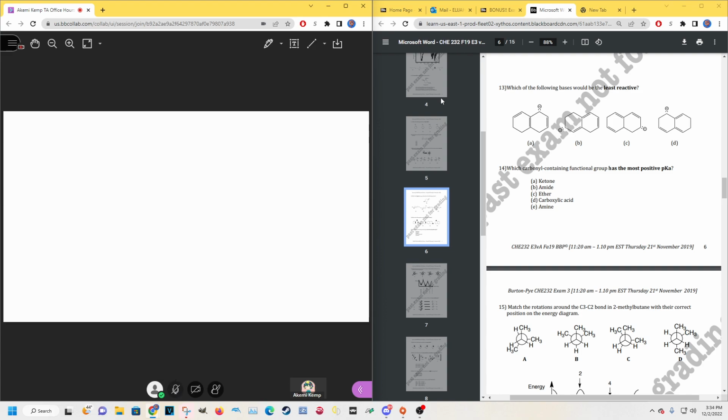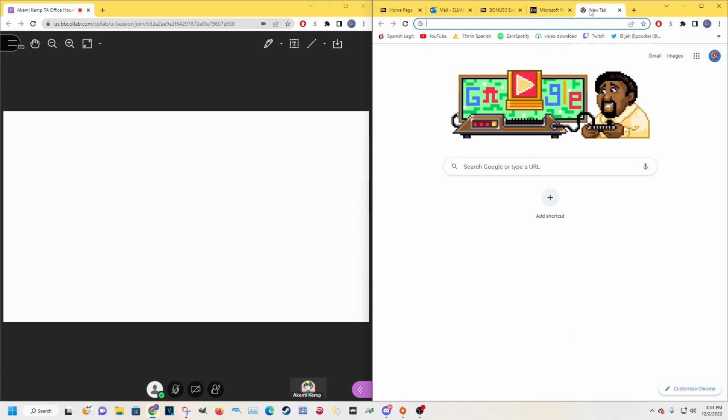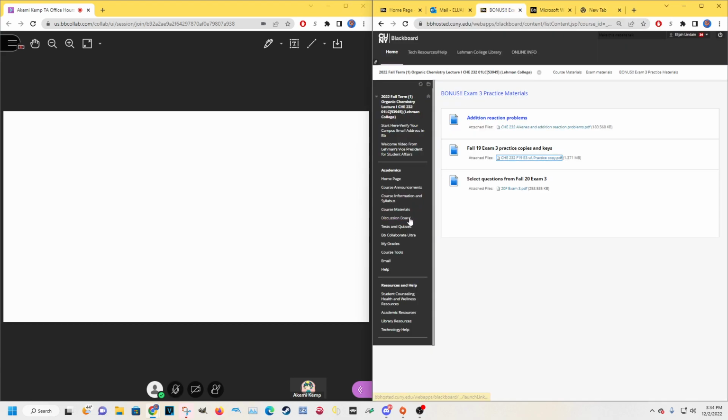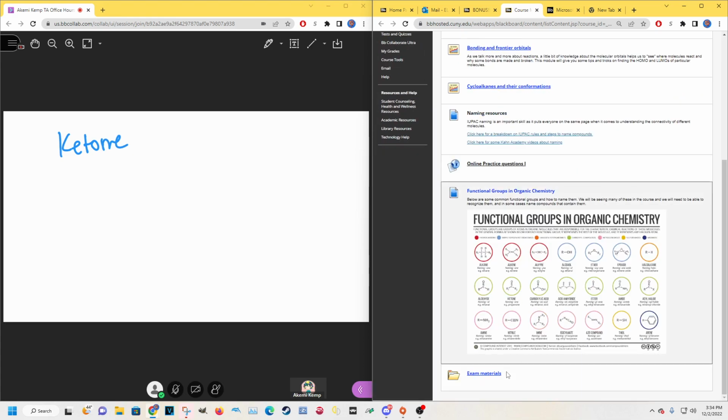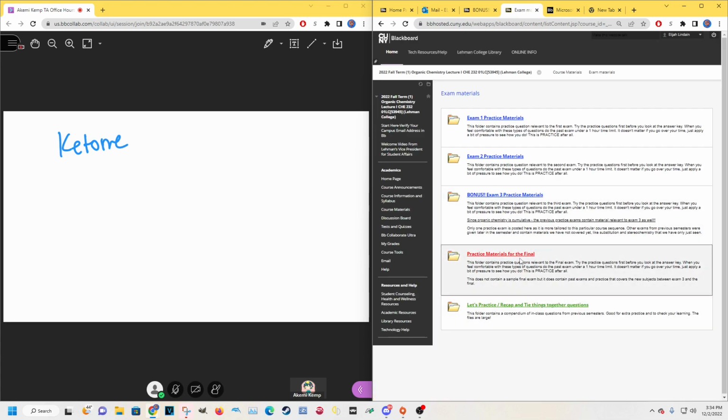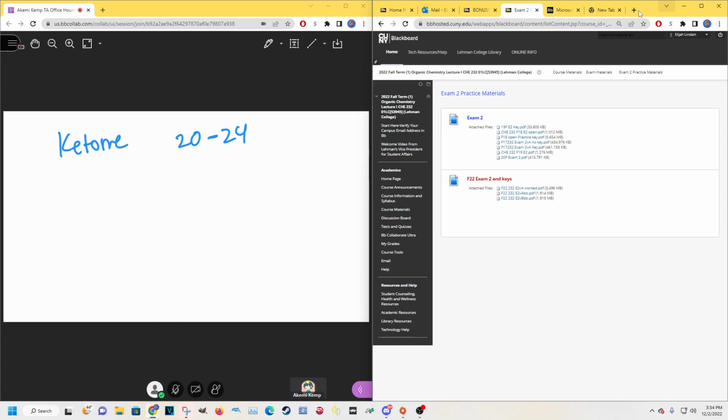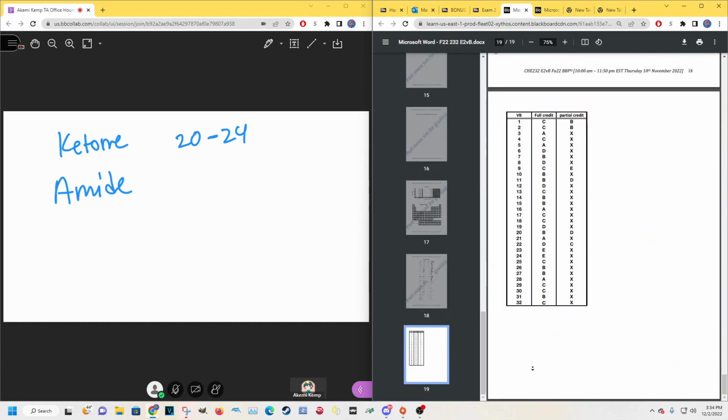For example, for a ketone, let me write it down. The pKa was 20 to 24. And for an amide, is that listed here too?